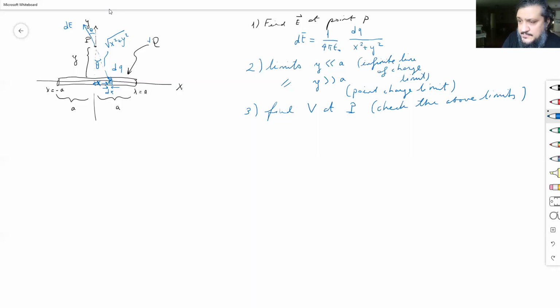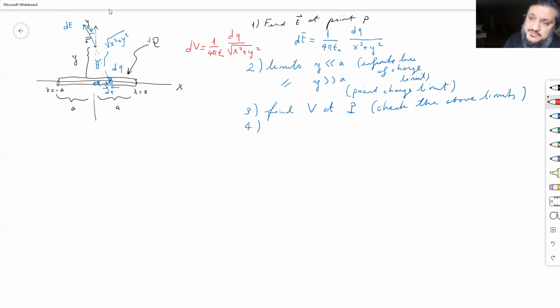And then, well, number 3 is calculating electric potential using the same method, meaning integration. The only difference will be dV at point P will be 1 over 4 pi epsilon 0 dq over square root x squared plus y squared.